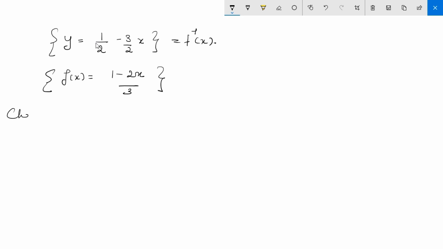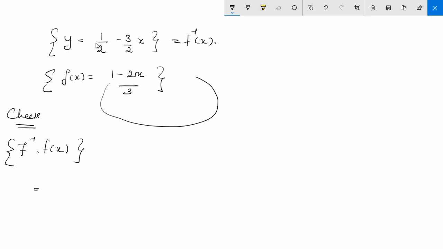Now you have to check if it is correct or not, and you can check that by f inverse of f of x. You have to substitute f of x here.